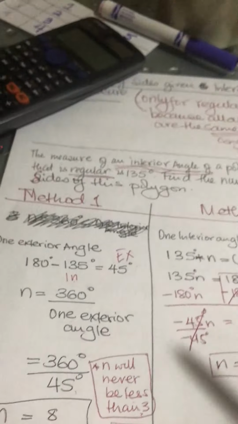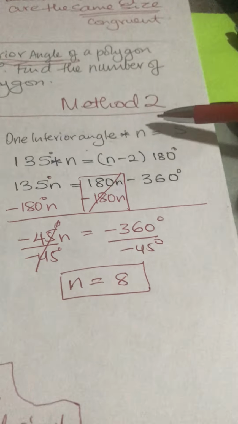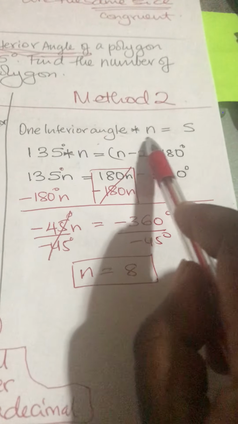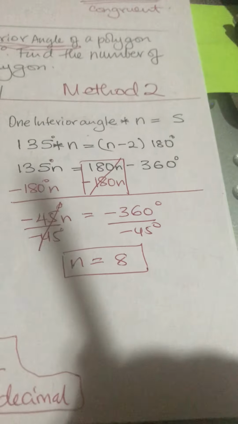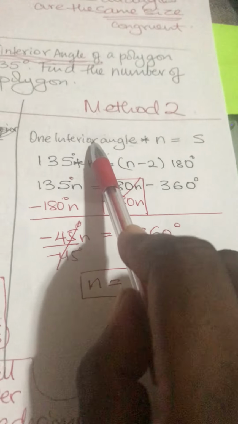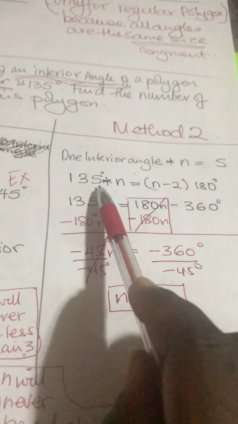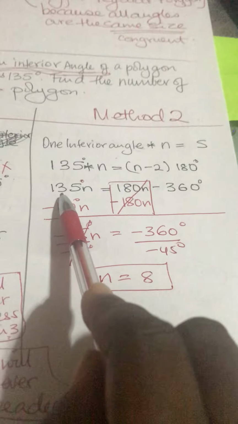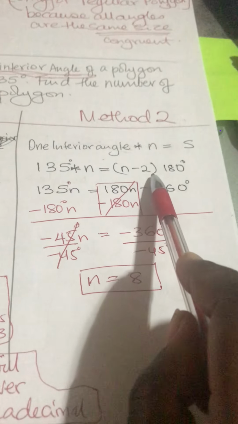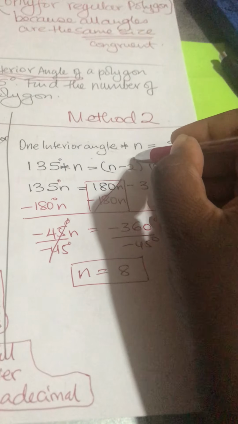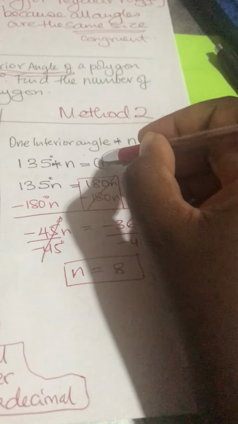Okay? Or you can do this method. You can say 1 interior angle times n equals the sum of interior angles. Then, the 1 interior angle from our question is 135. 135 times n is 135n. And then, n minus 2 in brackets times 180, you do the distributive property. You multiply, like that.